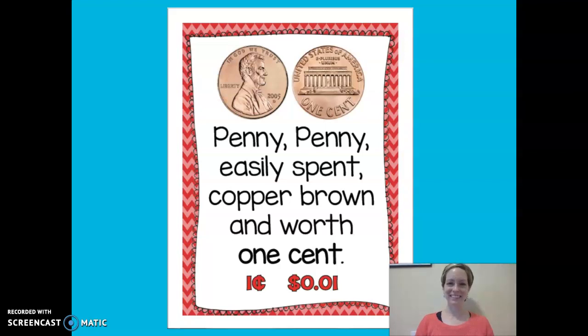Cute! So we're going to use our pennies now to build some coin amounts. So for instance, if I wanted to show 4 cents with pennies, that's easy enough. All I would need is 1, 2, 3, 4 pennies. I'm going to just move them here to make them a little bit easier to see.